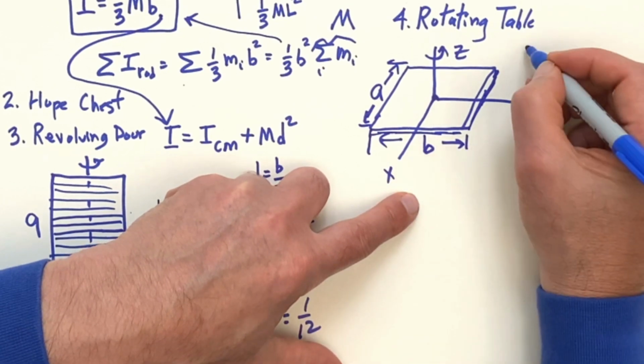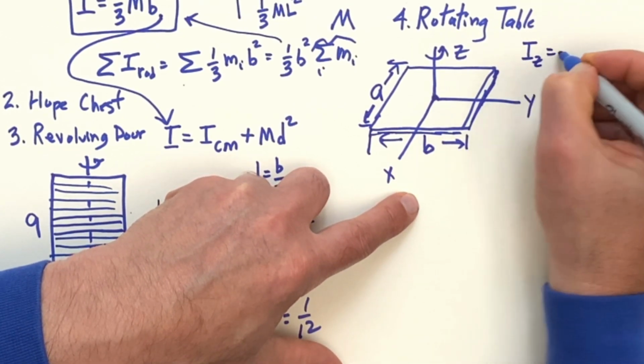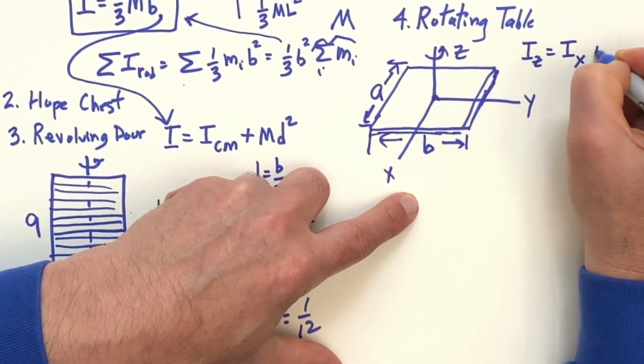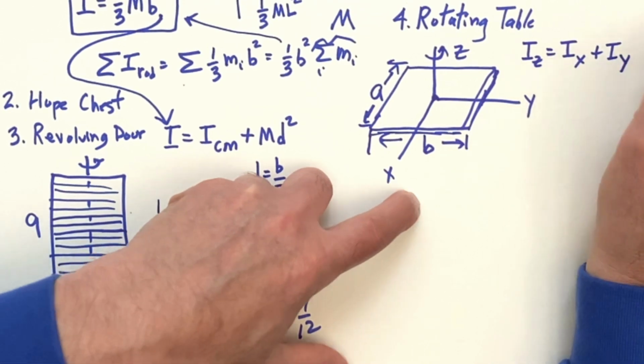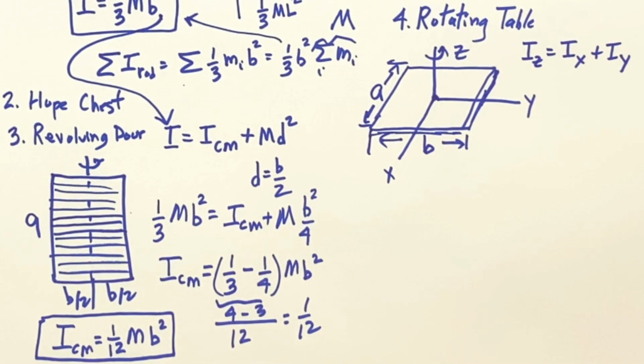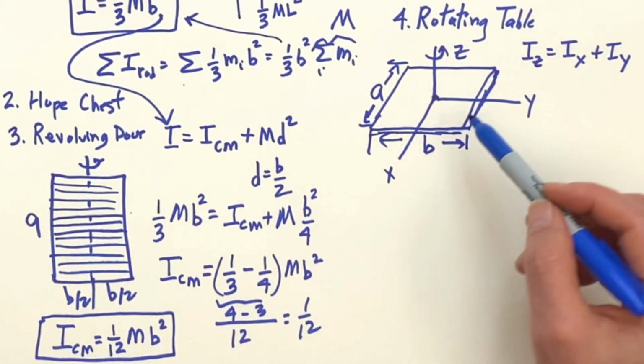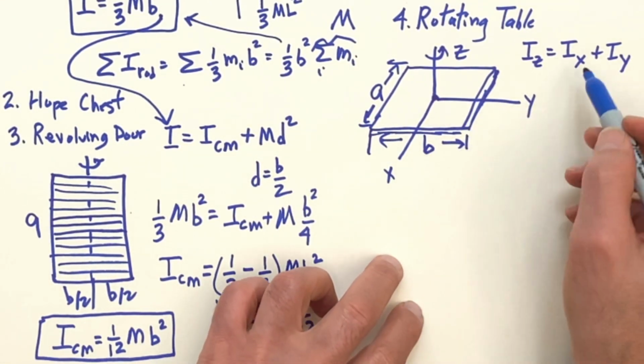Now, the moment of inertia about Z is going to be the moment of inertia about X plus the moment of inertia about Y, which is the perpendicular axis theorem. Now, what is the moment of inertia Ix?